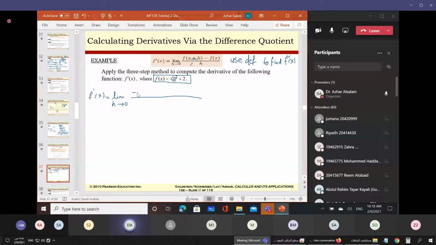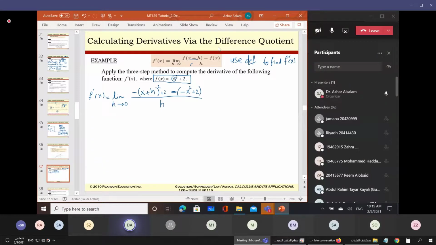So I have here minus, instead of x squared, plus 2, instead of x, I will take x plus h. So only x is replaced. Minus f of x, taking the same function given, divided by h.